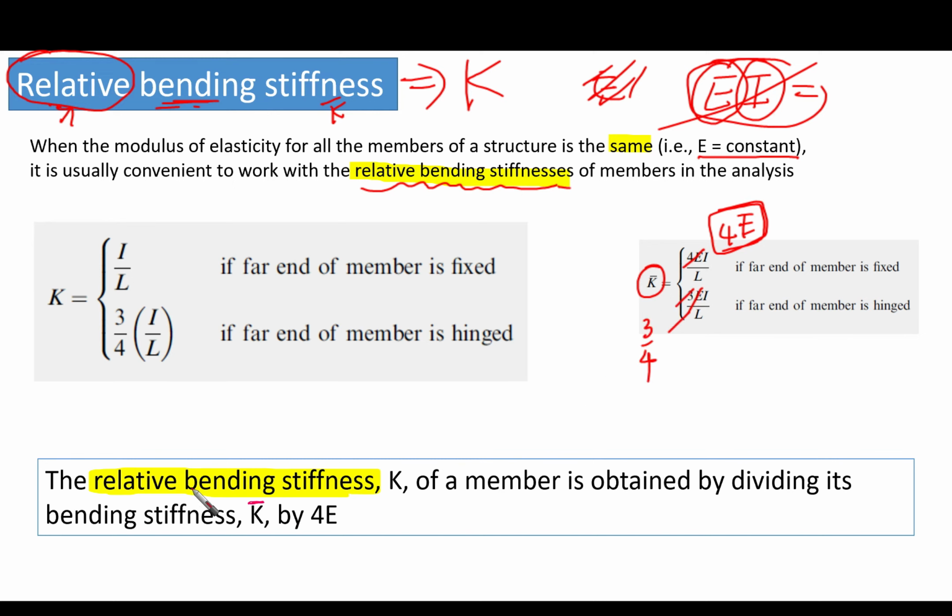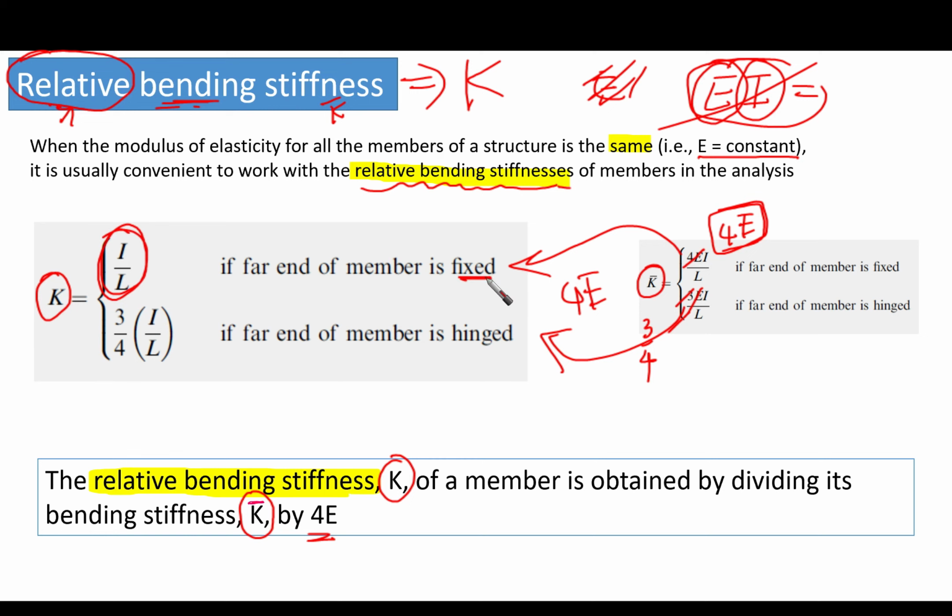So the relative bending stiffness, which is K, of a member is obtained by dividing its bending stiffness, which is K bar, by 4E. After division by 4E, it is going to give us the relative bending stiffness, which is I over L if the far end of the member is fixed, and it is going to be a fraction of it, 3 over 4 I over L, if the far end of the member is hinged.